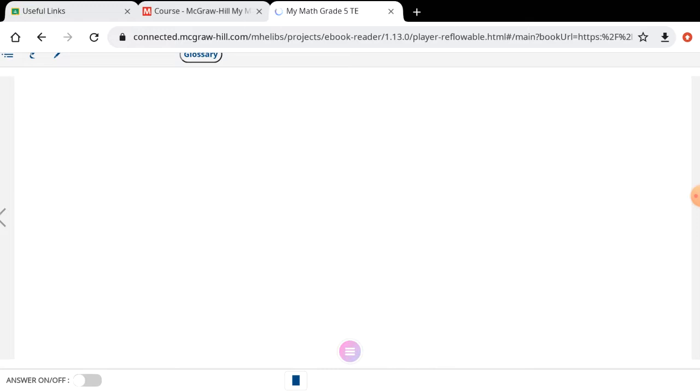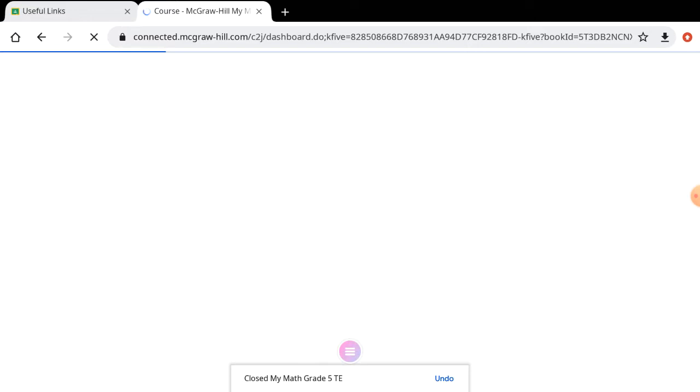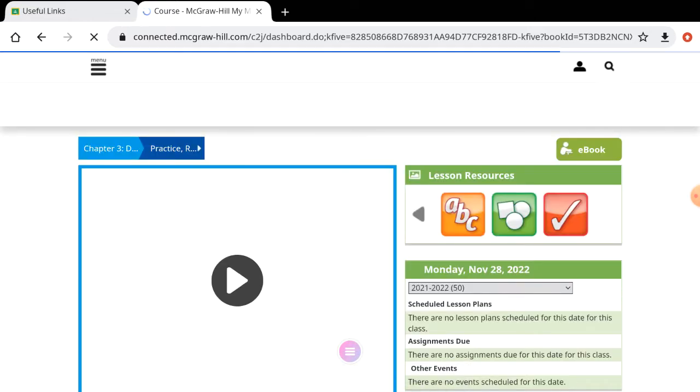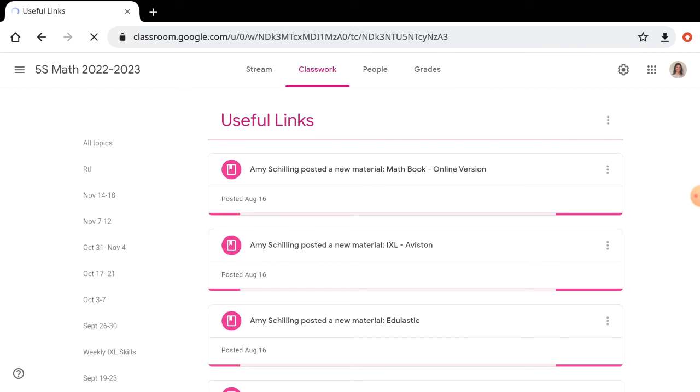Who can remind me what is the difference between an expression and an equation? Expression and equation. What is the difference between an expression and an equation, Rory? An expression is like a problem that's like two numbers like 5 plus 5. Okay, you're right. That is an expression.